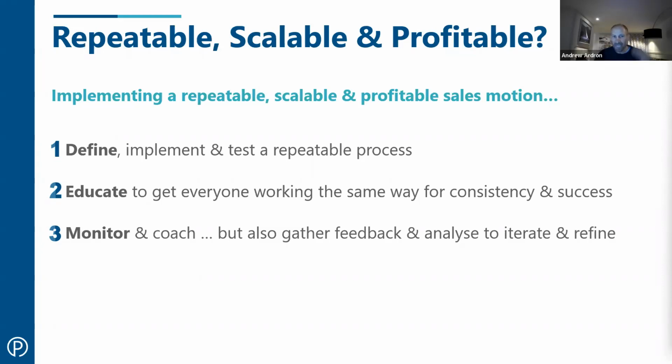And as I say, these 3 steps are just the way to build a successful process, whatever that process be. And you should use this throughout your sales motion and all the different stages of your sales motion to build success into your sales team.